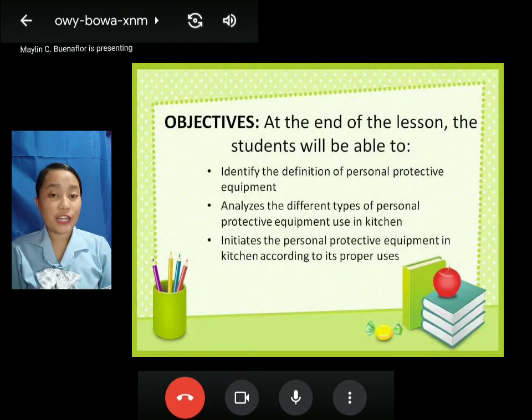Okay, so for the objectives we have here, at the end of the lesson, you students will be able to: first, identify the definition of personal protective equipment. Second, analyze the different types of personal protective equipment used in the kitchen. And last, initiate the personal protective equipment in the kitchen according to its proper uses.